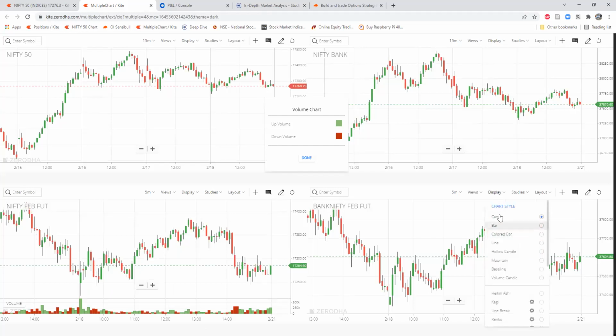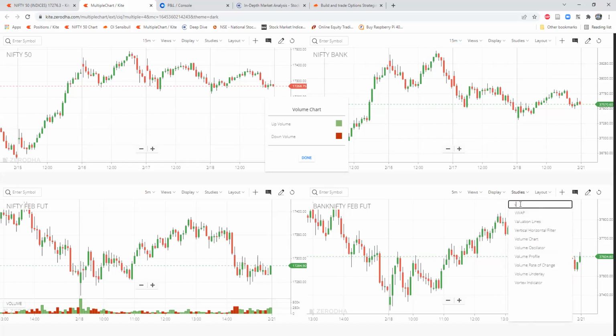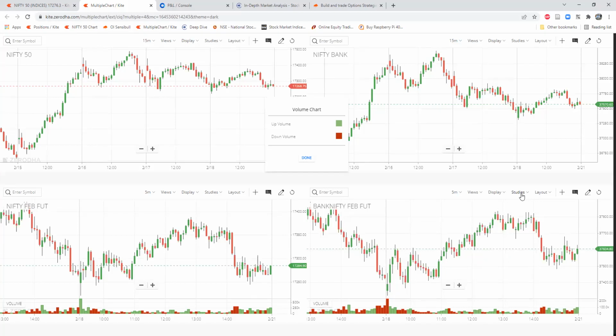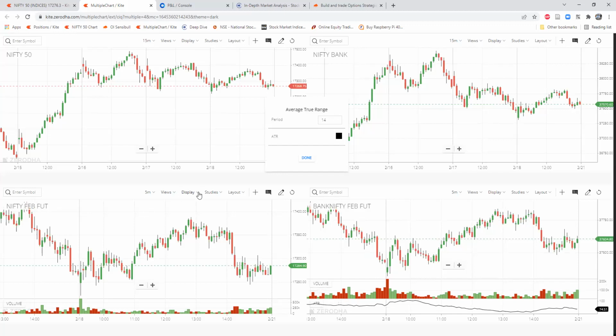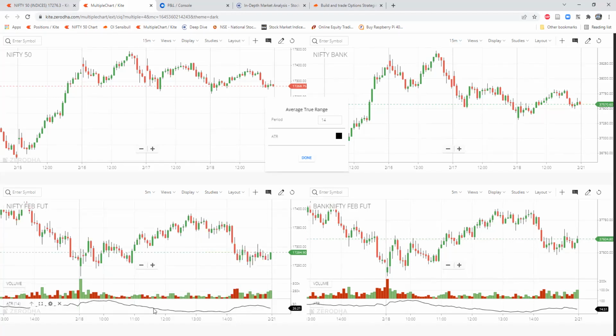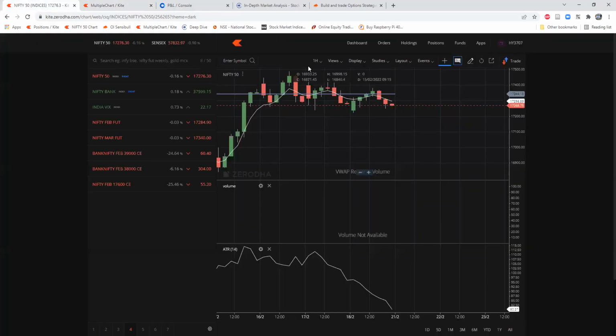I do keep track of volumes and ATR, but sometimes when the market is very violent, it's very difficult to monitor in small charts.